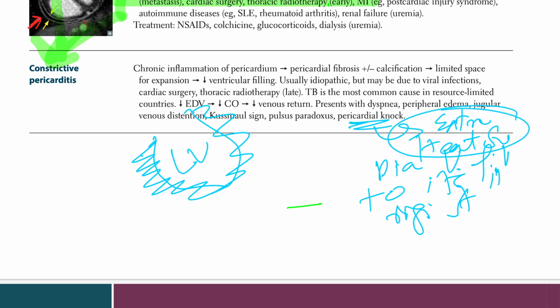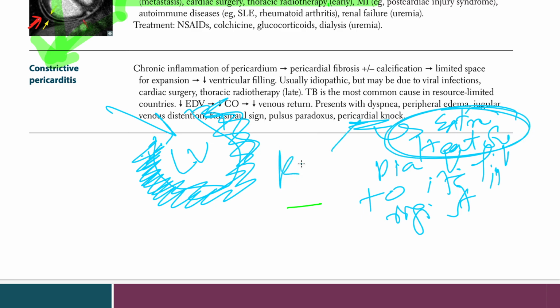Why does this happen? Because in diastole, when the left ventricle is filling, the ventricle is filled to its max, and when it goes to the max, it hits the sides, which is a rigid, stiff pericardium. It produces a sound known as an extra hard sound, which is like a knock.